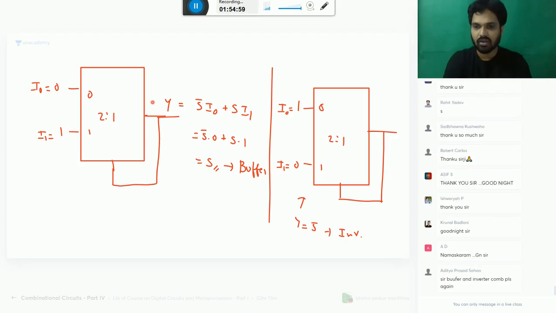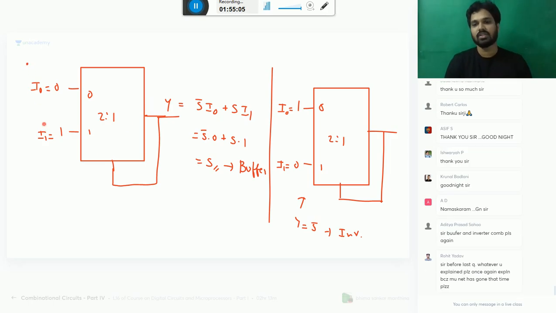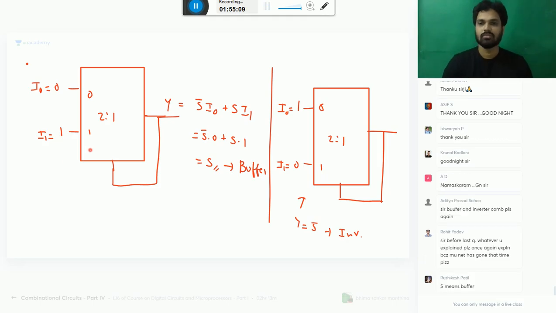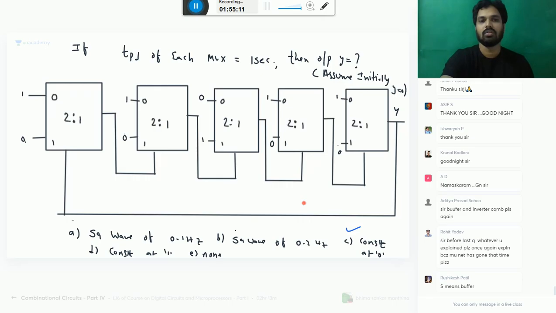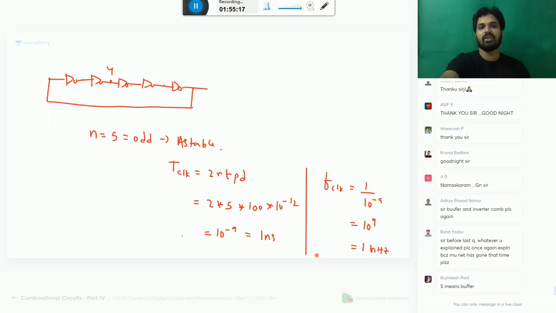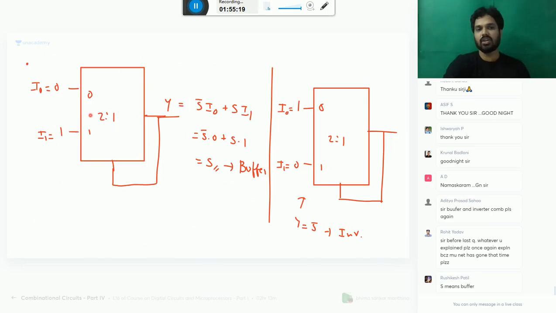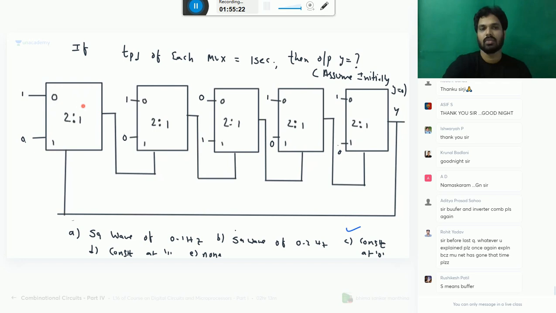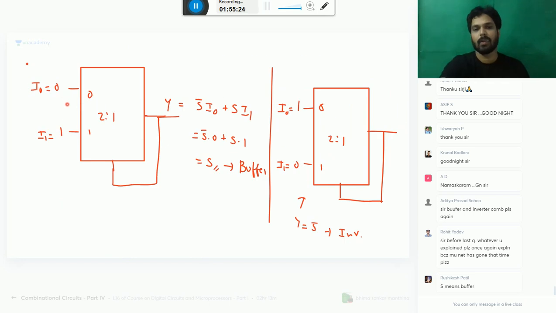Buffer and inverter combination, please again. Please check it here itself. I am on that slide only. Okay. Firstly, understand why it is working as buffer and inverter. You should understand this point first. Have you accepted these two?